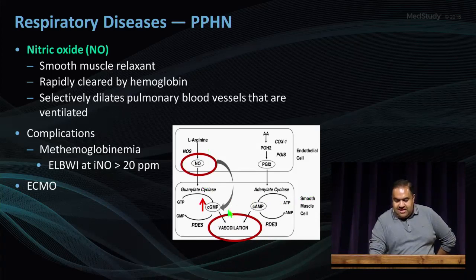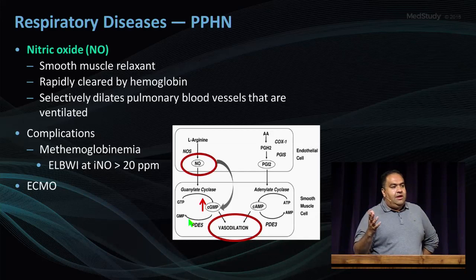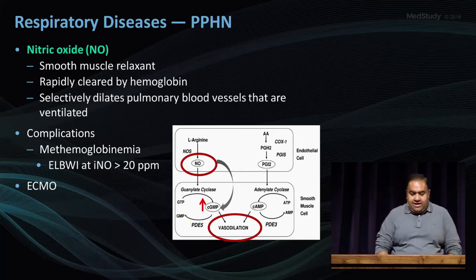As it diffuses, it activates cyclic GMP. And as it activates, it causes vasodilation by decreasing the vascular tone. The nitric oxide binds to the hemoglobin and becomes NO2 or NO3, and then it's deactivated again. So this is the pathway that is used for that.